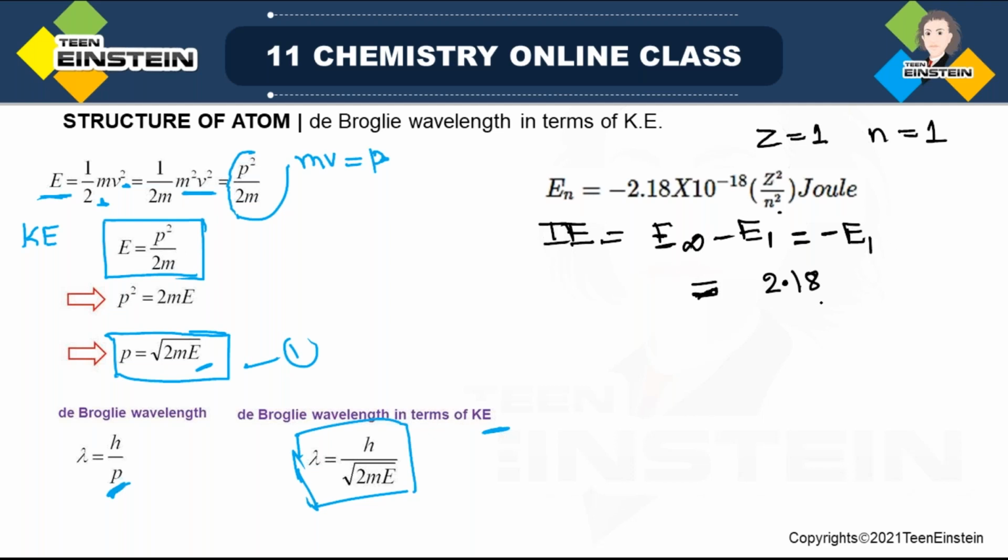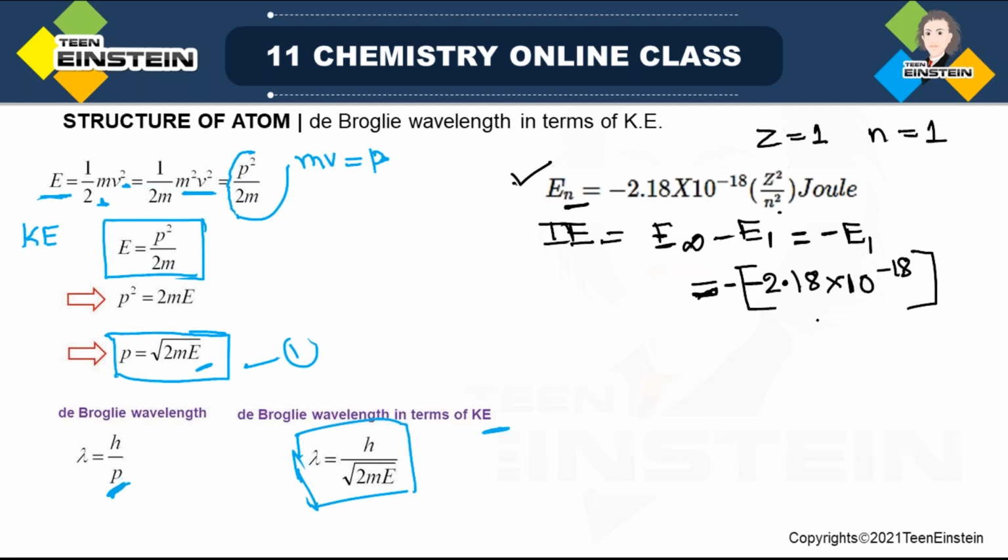E1 means you have to now put, okay, let me write it completely: 2.18 × 10^-8. Now, negative sign, then third bracket, then I'm putting the value of E1 by following this equation. So we know when it is 1, it will be E1.